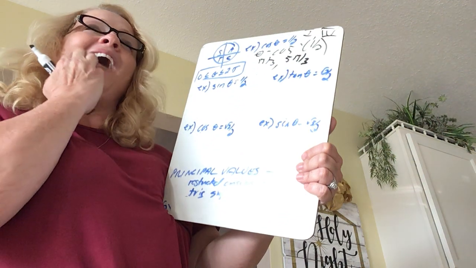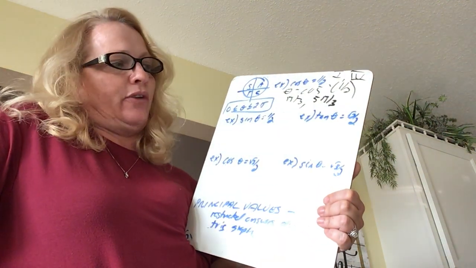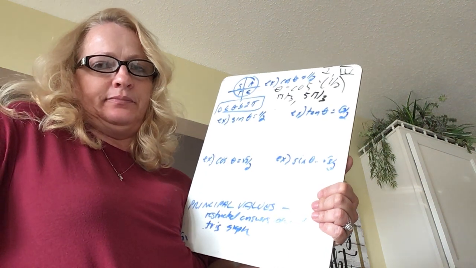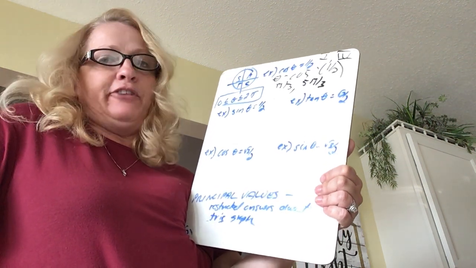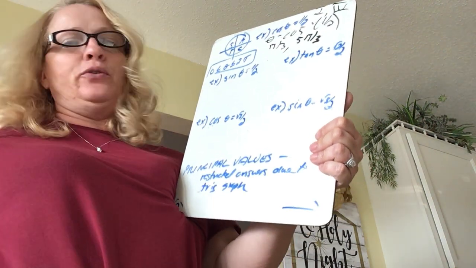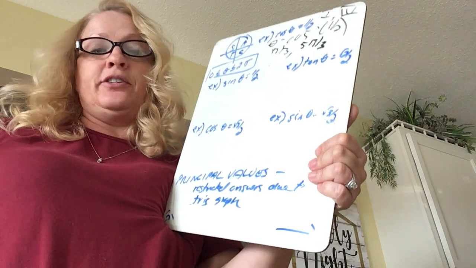All right, now I want you to put in your calculator the cosine inverse of 1/2. And if you're in the degree mode, it's only giving you the answer of 60 degrees. Why doesn't it give you the answer of 300?